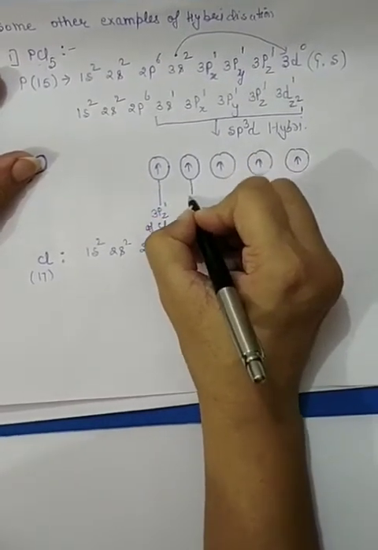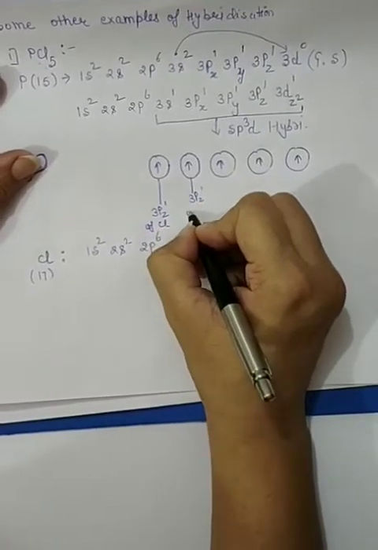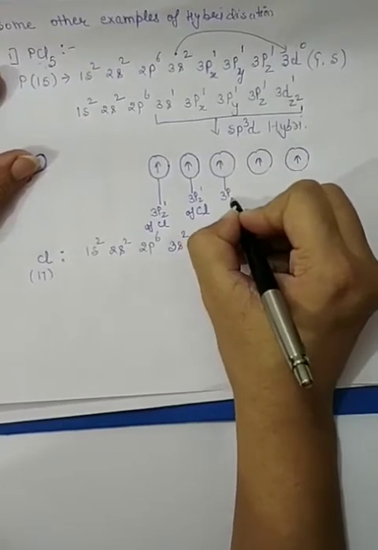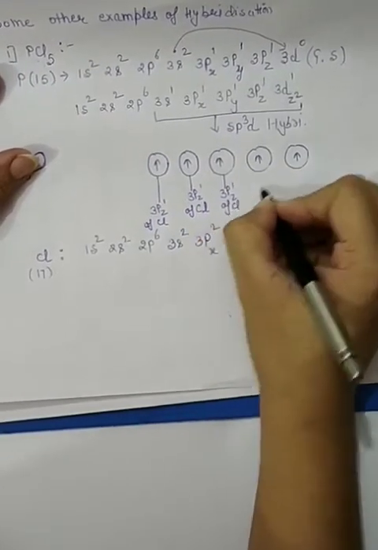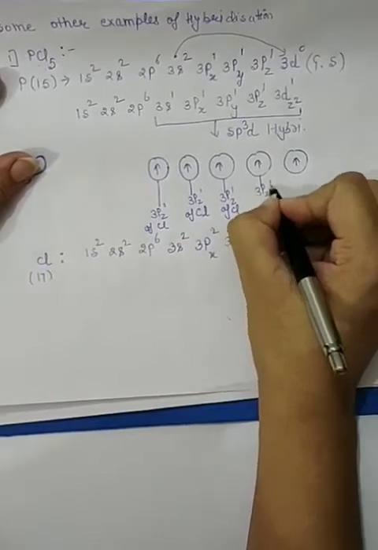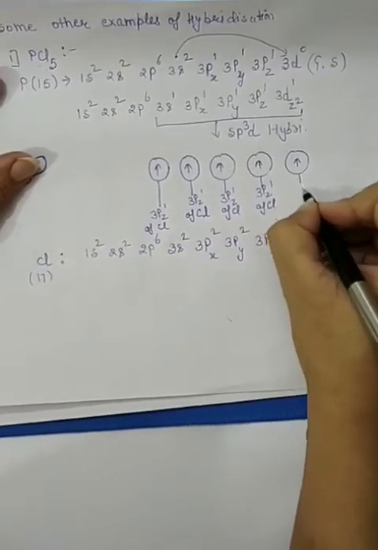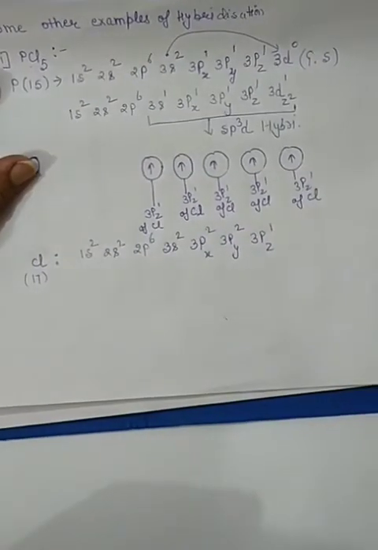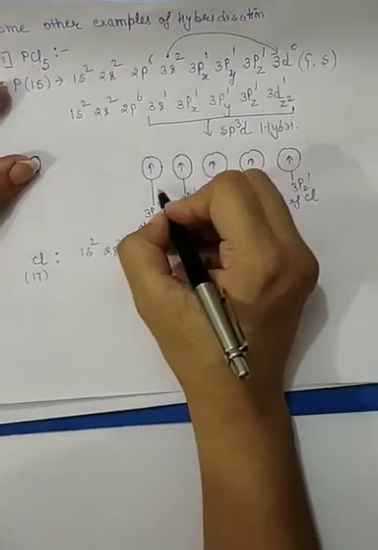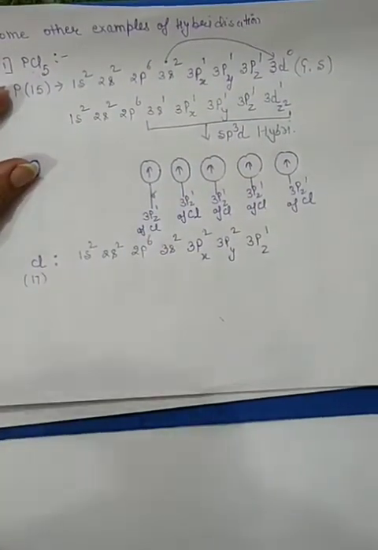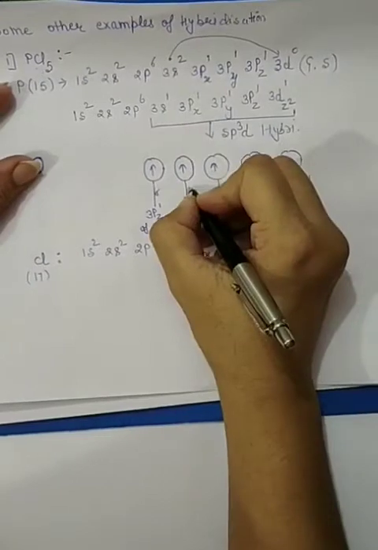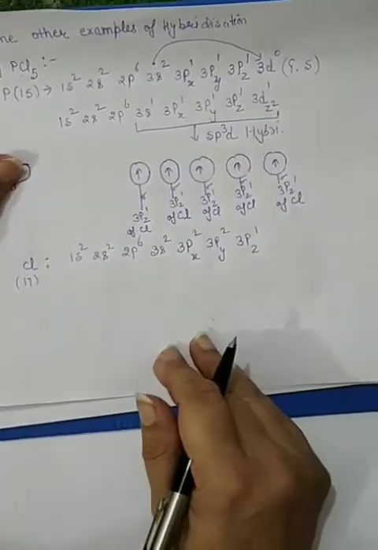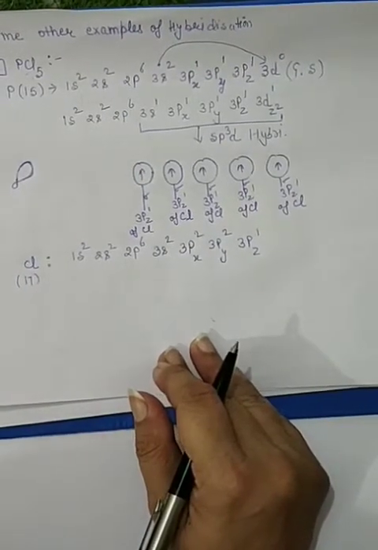It also forms a bond with 3pz of the second chlorine, 3pz of the third chlorine, 3pz of the fourth chlorine and 3pz of the fifth chlorine. And as we discussed earlier, hybrid orbitals form sigma bonds. Hence these are all sigma bonds. There is no pi bond present in PCl5.